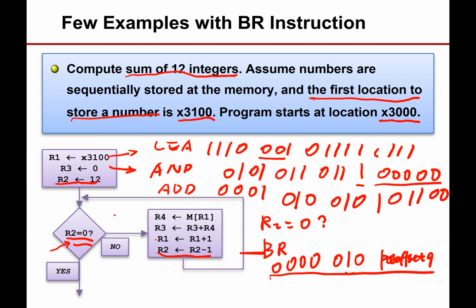The branch looks at the last instruction that changes a general purpose register.